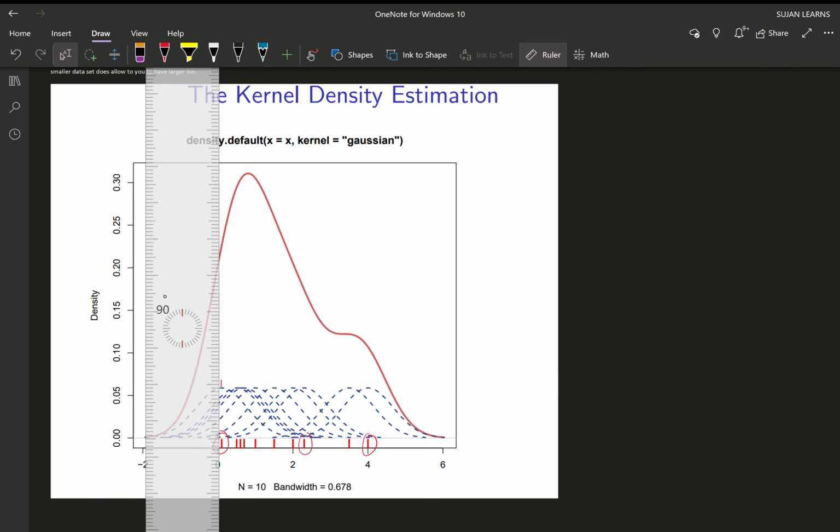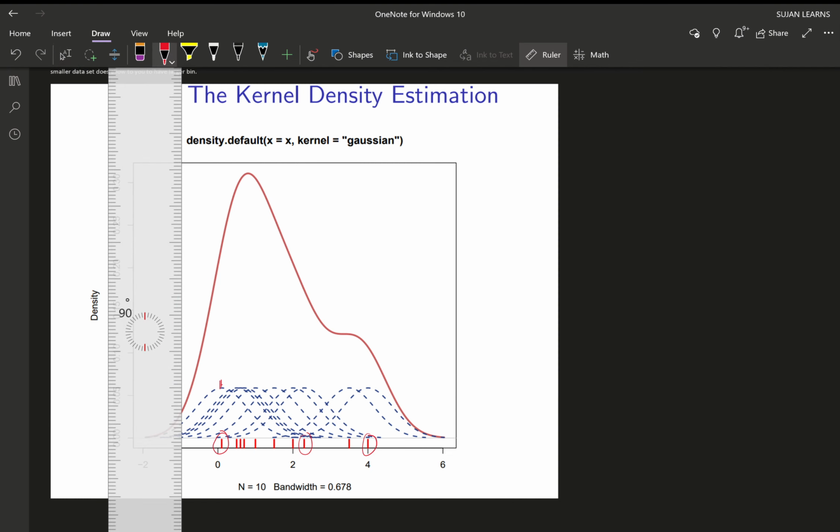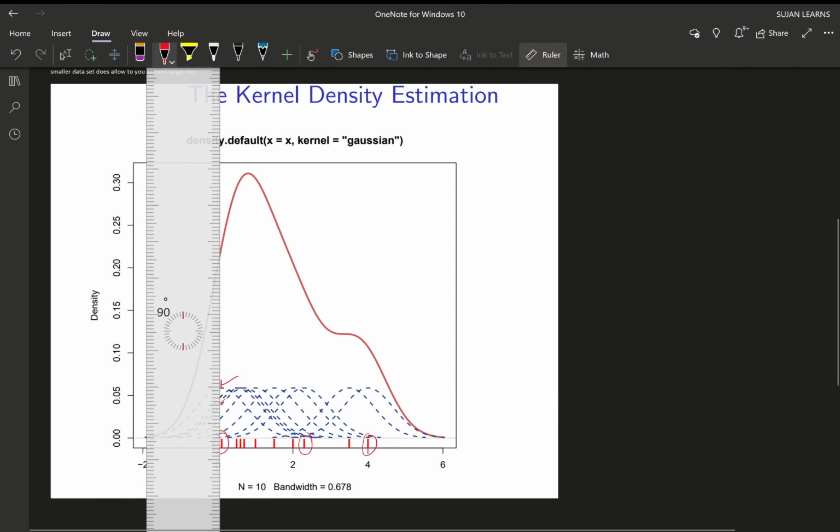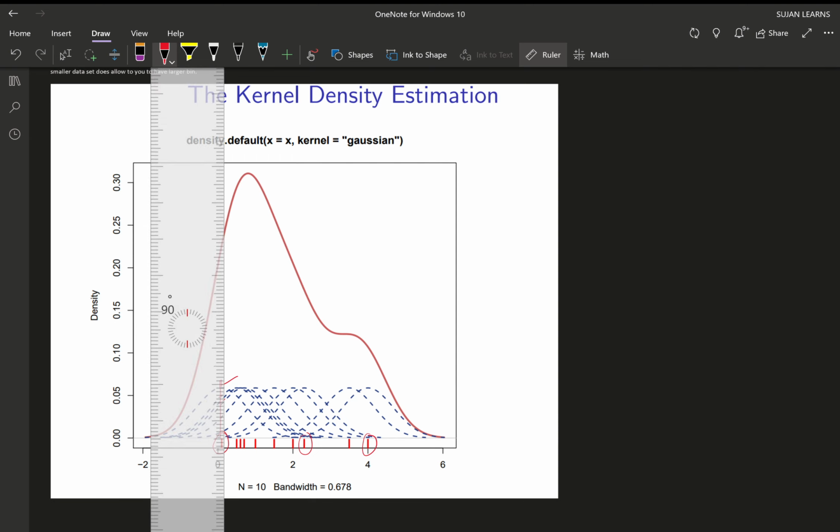We'll add the height of this curve, this curve, this curve, this curve, and this one.